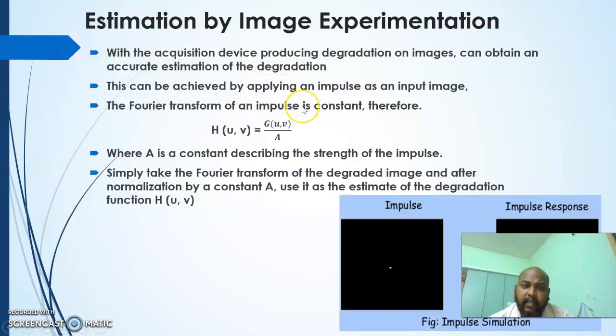Next we are talking about estimation by experimentation. Here different degradations were taken into consideration, and corresponding restoration filters are also designed. So here it is expressed using images.